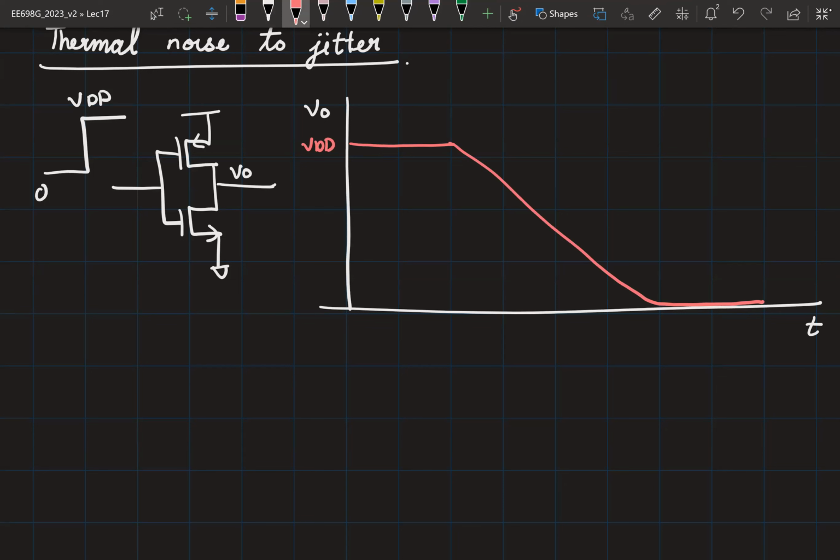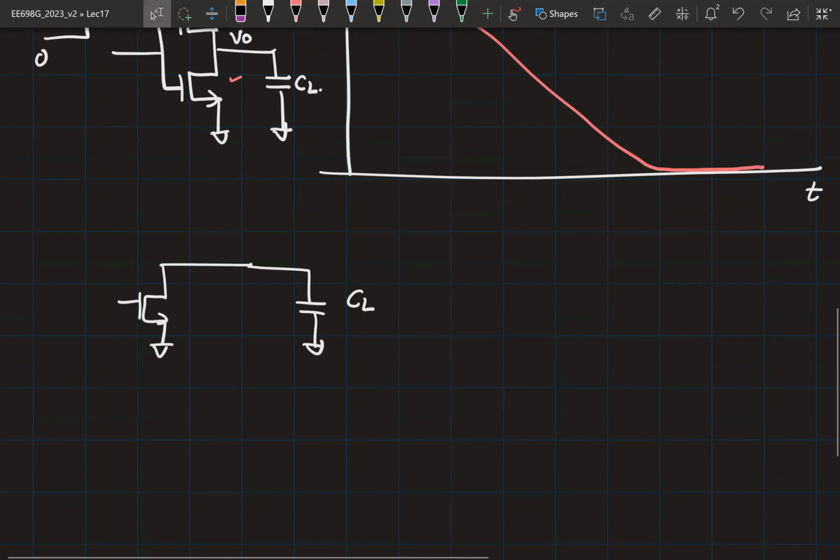Okay. Now let's assume that during this transition, the NMOS is what is active, correct? I can model this simply as an NMOS, which is discharging a capacitor. Okay, so let's assume a load capacitor CL. So this NMOS is discharging this capacitor. So I'm going to replace it with an ideal current source.